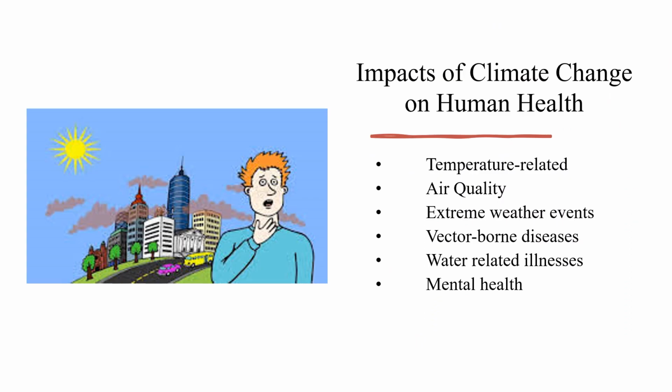Now let us talk about some of the human health concerns associated with climate change. So, climate change is no joke. Apart from its effect on our ecosystem, climate change has an impact on human health. Some of them are temperature-related illness, air quality, extreme weather events, vector-borne diseases, water-related illnesses, and mental health.